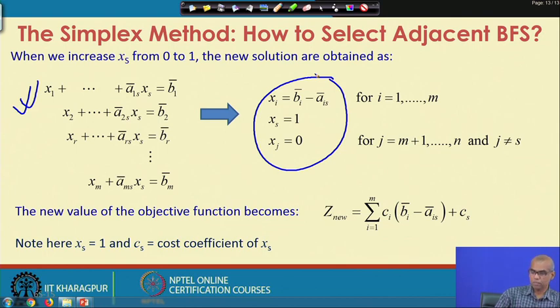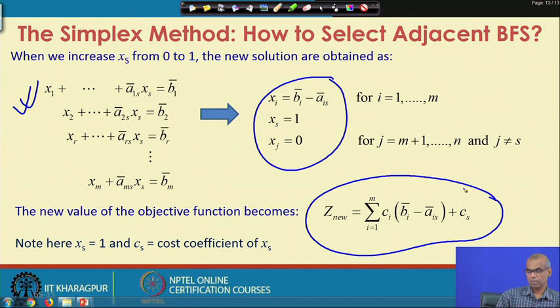Since the values of the basic variables have changed, the value of the objective function has also changed. The new value of the objective function can be obtained as shown.